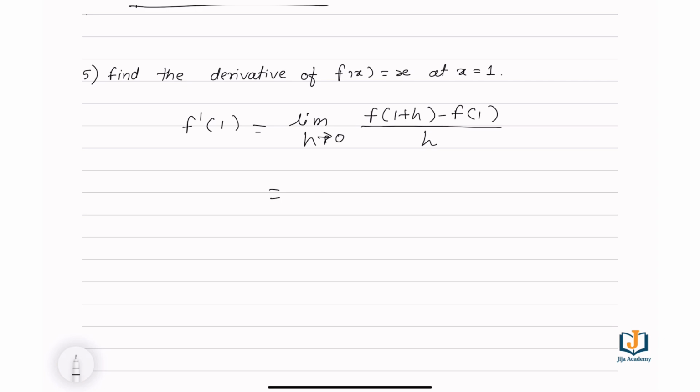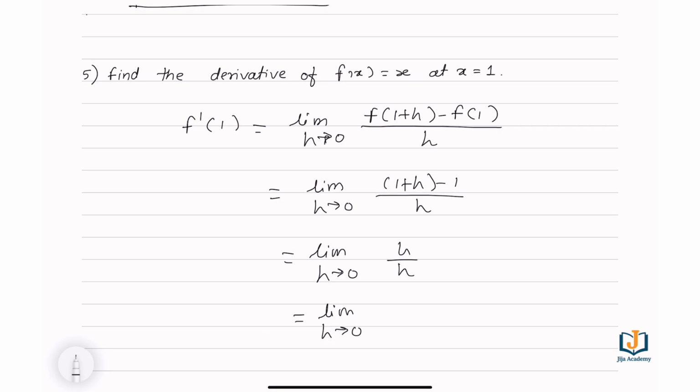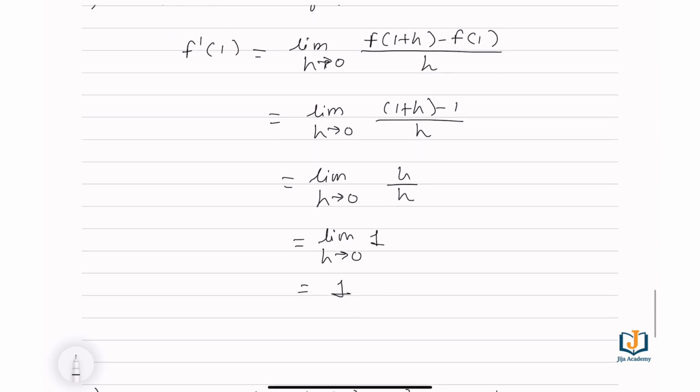So limit h tends to 0, 1 plus h minus 1 upon h. So limit h tends to 0, h upon h. So limit h tends to 0, 1. So answer is 1. So this is the answer.